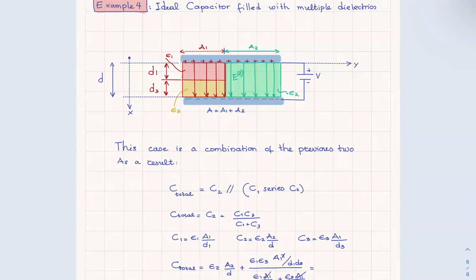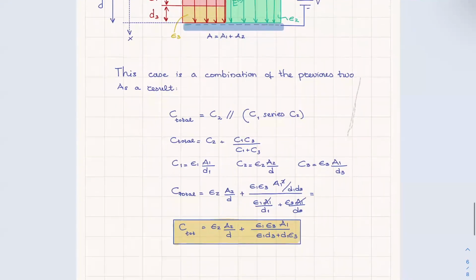First we find this capacitor as the series combination of two capacitances. And then we sum to this the capacitance from this side. And therefore, we have the total capacitance in this form.